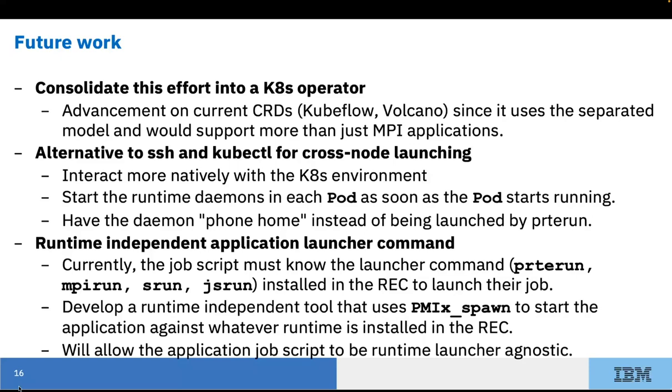It's possible to develop an independent tool that uses PMIx spawn to start the application against whatever runtime is installed on the system, be it Kubernetes, be it PRRTE, be it JSM, or whatever happens to be out there, right? And so the PMIx spawn mechanism could provide you that functionality. Needs work, but it's possible.